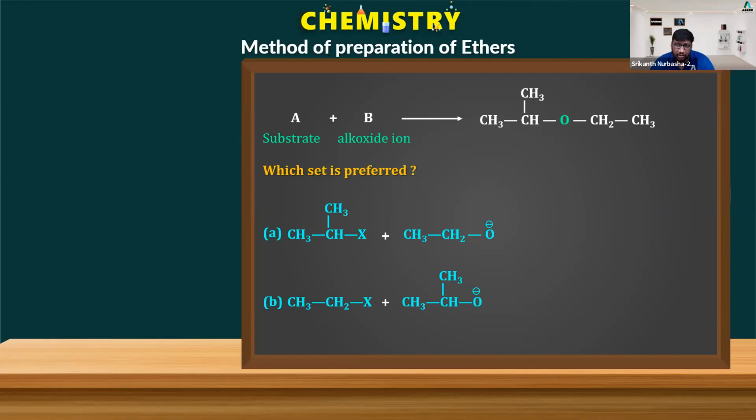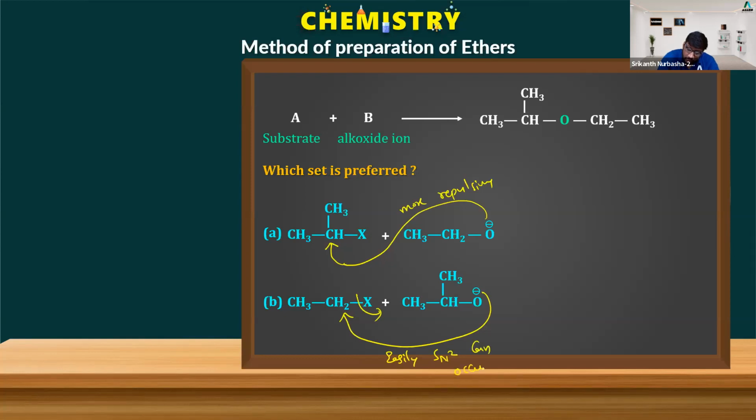Obviously, the alkyl halide you have to take is a primary or methyl alkyl halide. If you take the first set, whenever this particular alkoxide is attacking this particular carbon, it experiences more repulsion. So here you have easy SN2. In set B, you will be generating the respective ether.